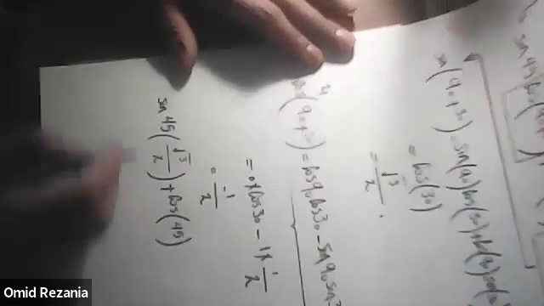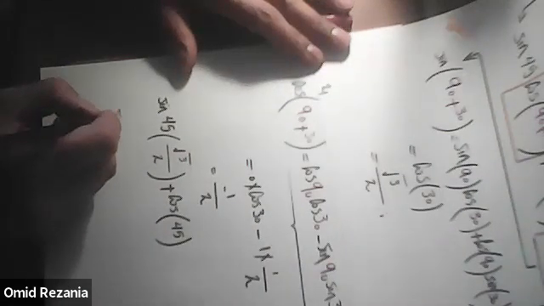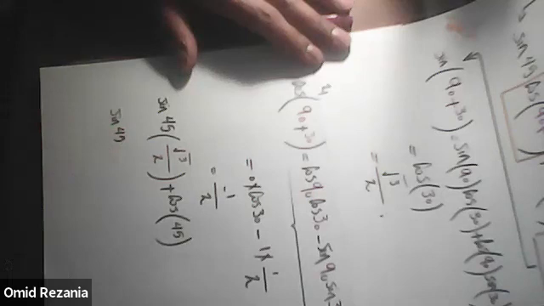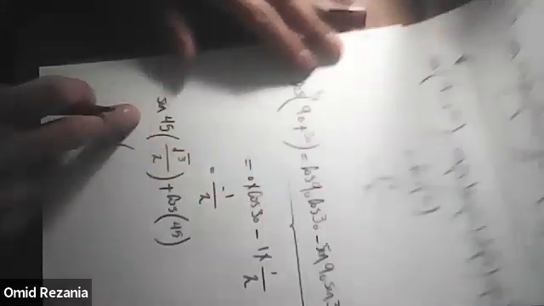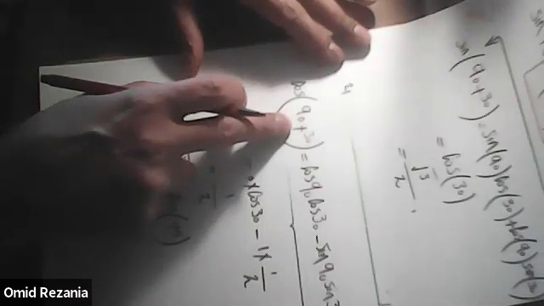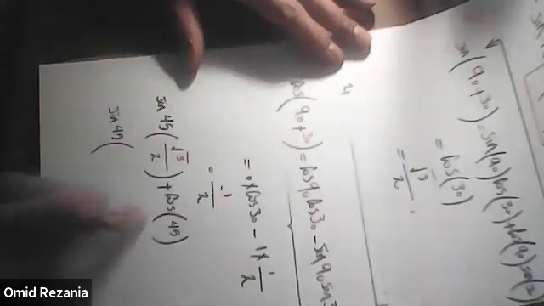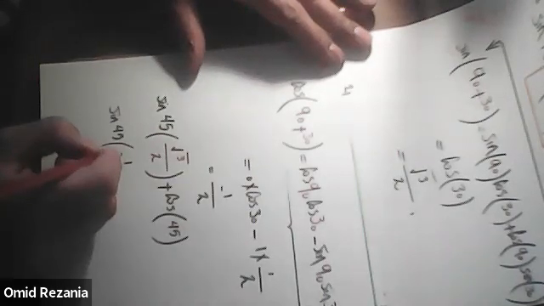Term 2 becomes this. Sorry, guys, I made a mistake. It becomes sine 45 times term number 2, the cosine of 90 plus 30, which we ended up with what? Minus 1 over 2.